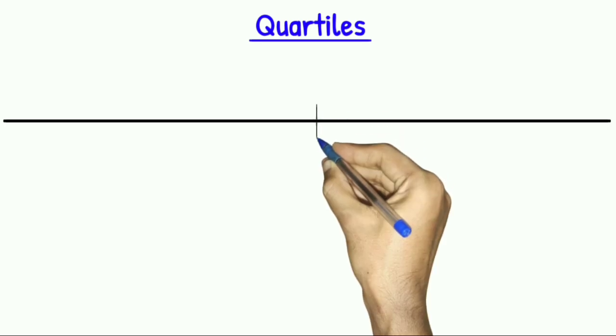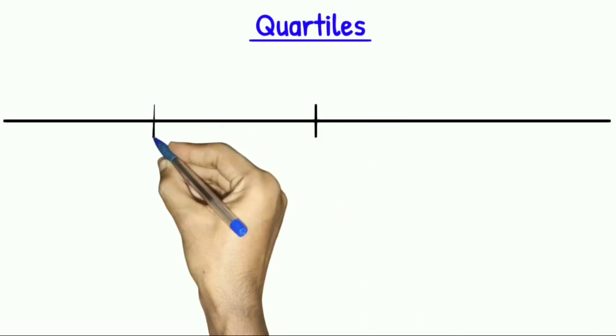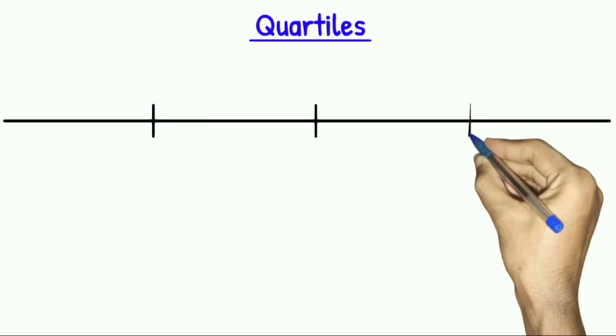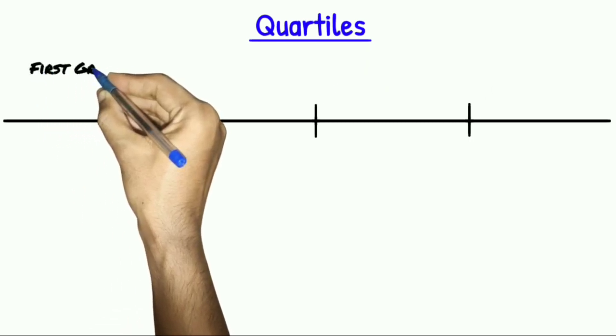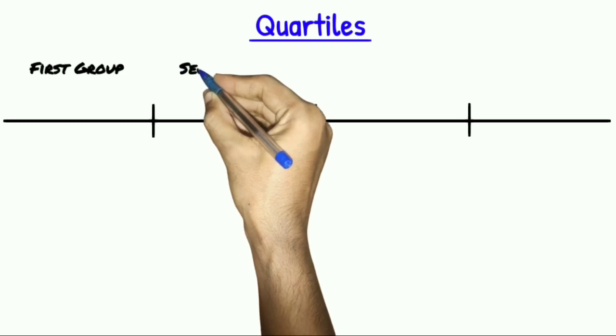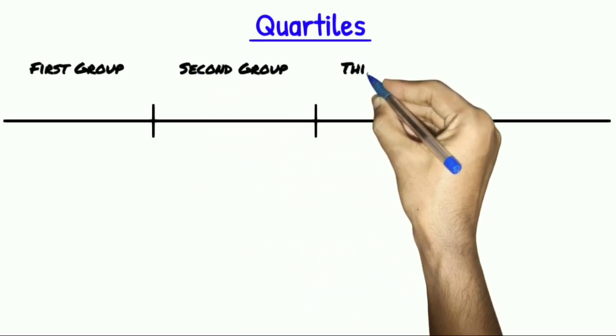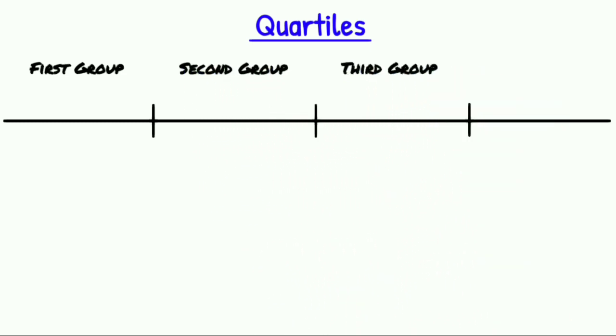Para makagawa ng 4 na equal groups, we need to have 3 cuts. By having 3 cuts, 4 groups are formed. Ito yung first group, ito yung second group, ito yung third group, at ito yung fourth group.